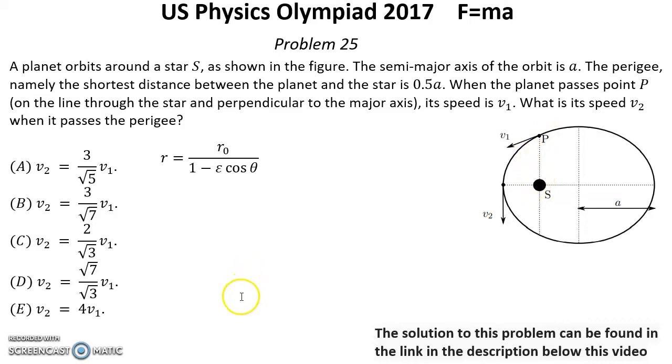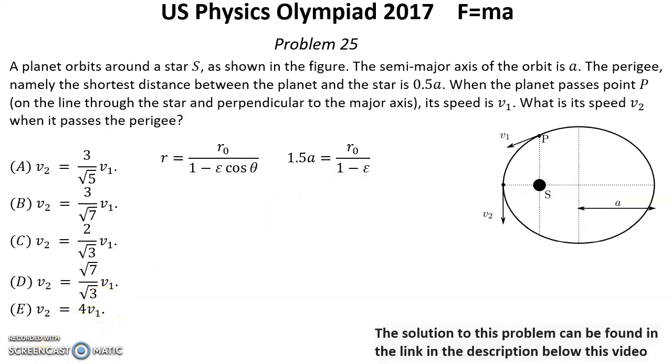Now we know what is semi-axis and what is perigee. So we can count from this formula what is eccentricity and what is r0. For angle equal 0 degrees, we have maximum distance, which is apogee, and that's equal to this expression, cosine theta equal 1.